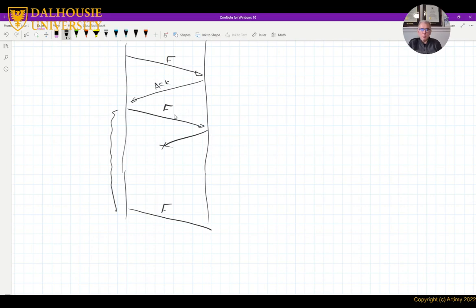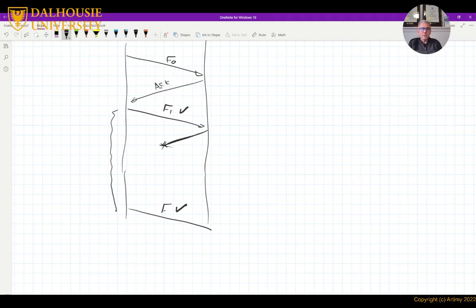B has no idea whether this frame here, the third frame, is the same as the second frame, right? Because A didn't receive an acknowledgement, so it retransmitted the frame again. So in order to fix this problem, we need to number the frames, and the acknowledgements have to be numbered as well.